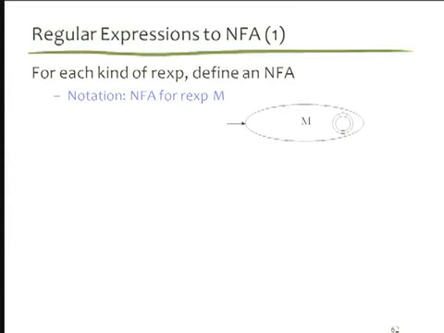Because the whole thing matches an empty string, so you need to have a way of getting from here to the end through an empty string. Okay? So sometimes when you are too parsimonious, as we are here, just using this state for the end state of this, as well as the big thing, you may end up accepting more strings than you want to, just because now you permit more transitions. So that's one thing you need to be careful about when building these compositions.